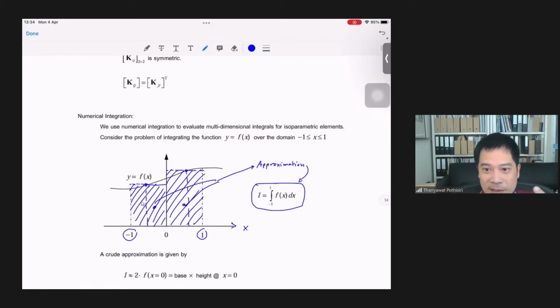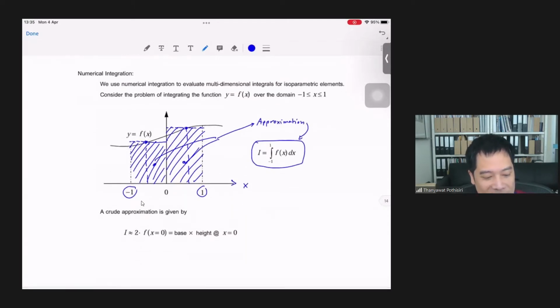You want to somehow approximate the integral or the area under the curve by using certain representative values of the function at a certain point, okay, and then use that representative value to compute the area under the curve instead of having to do it analytically. Okay. So this is the idea.